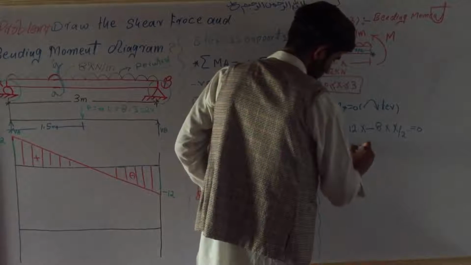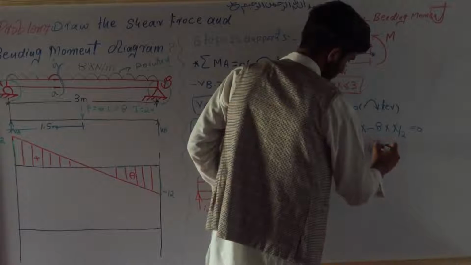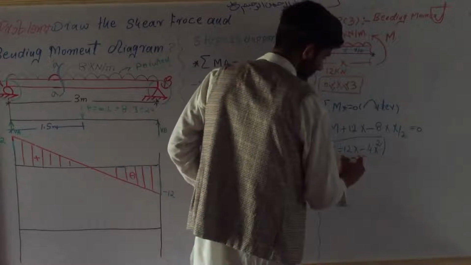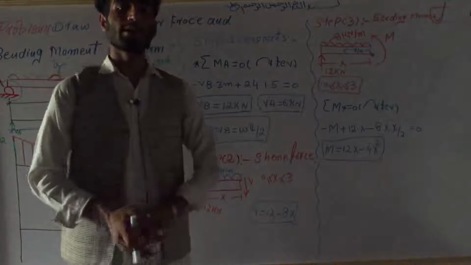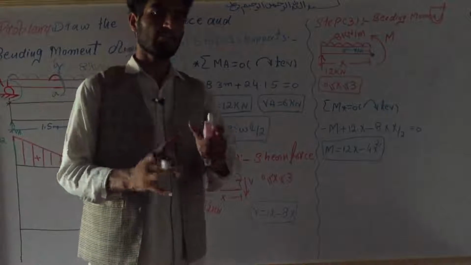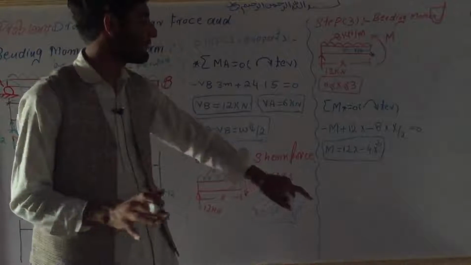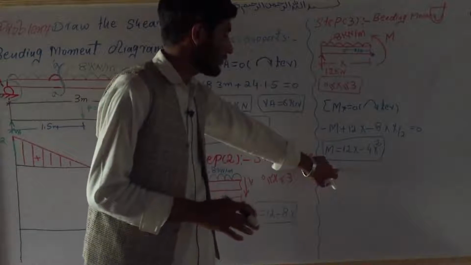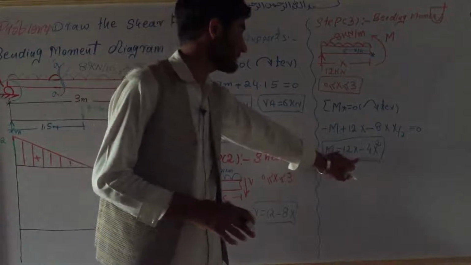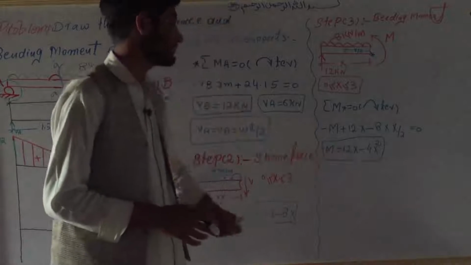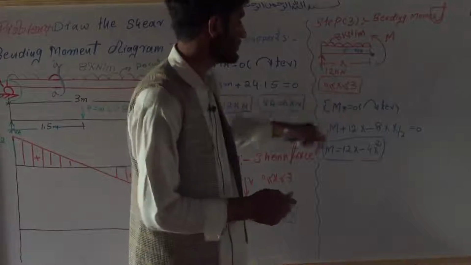So that's 12x minus 4x squared. This is the bending moment equation from which we can draw the bending moment diagram and also find the max moment. How can we find the max moment? That's also easy, and we can find it from this equation. We just should find x for the max. First let's find M at 0 and M at 3.